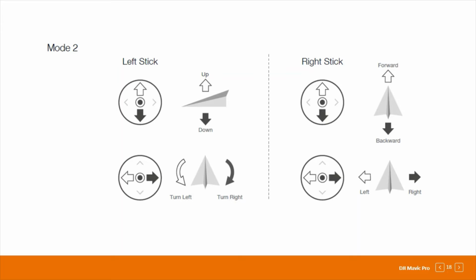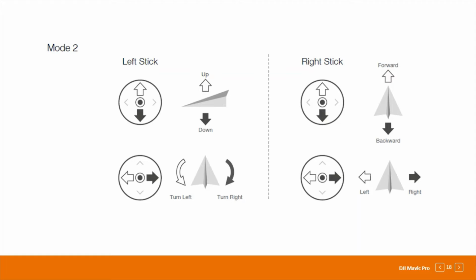This is mode 2 for stick mode. Here you can see the left stick configuration and the right stick configuration. Normally we just stick to one mode. So for this common mode 2, your right stick up and down will be your forward and backward.